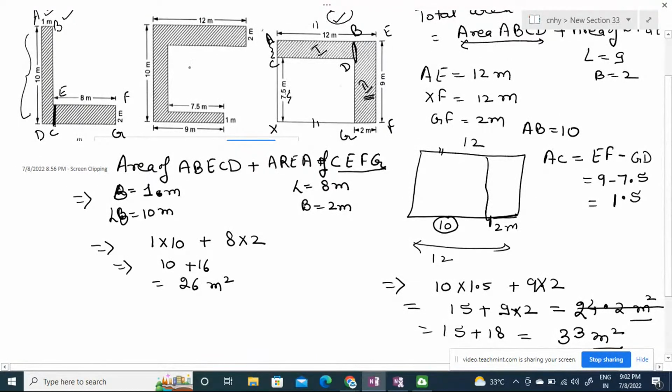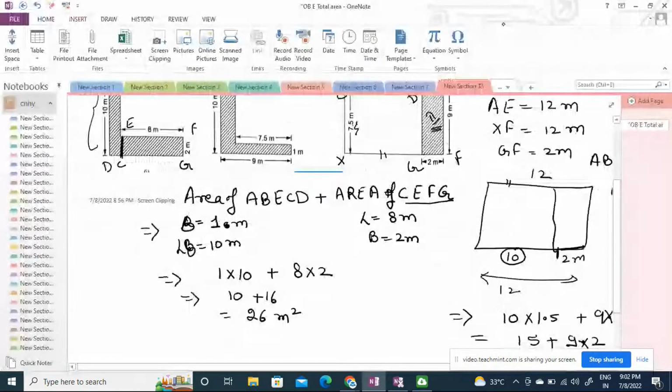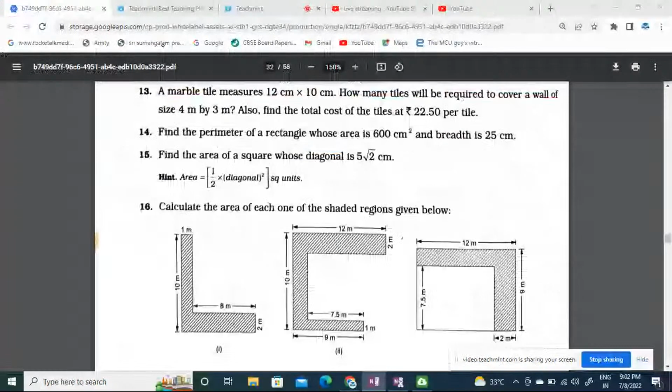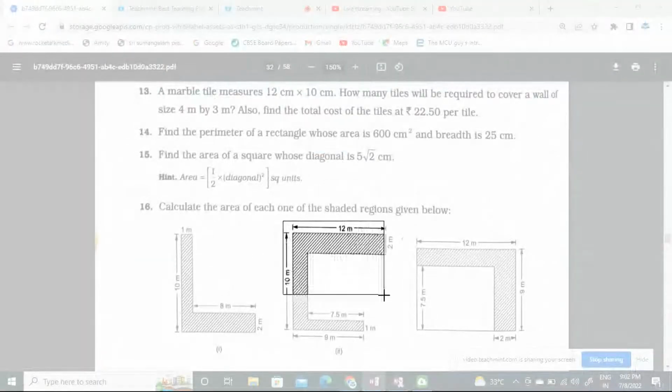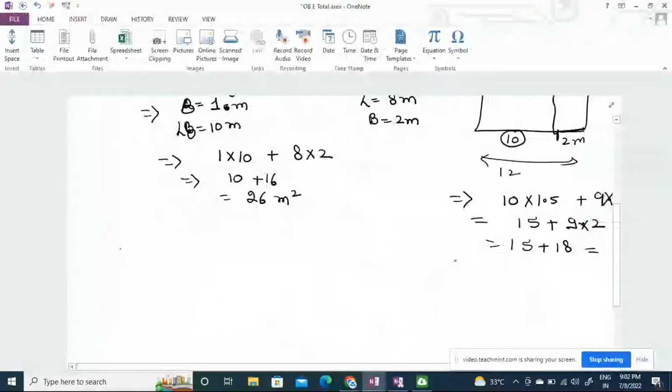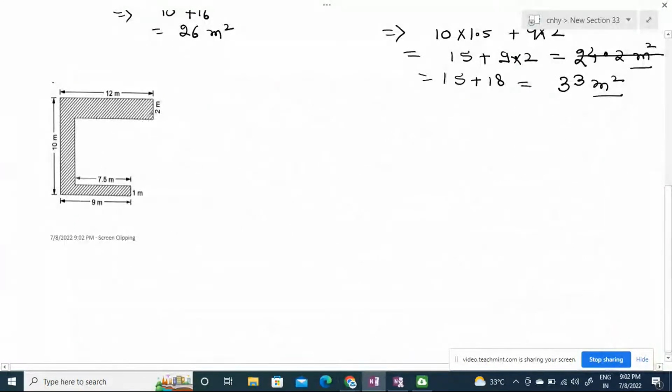Now, in the second picture, here the three boxes are there. Now, three pictures are there. So I will break like this, so it becomes convenient for us.